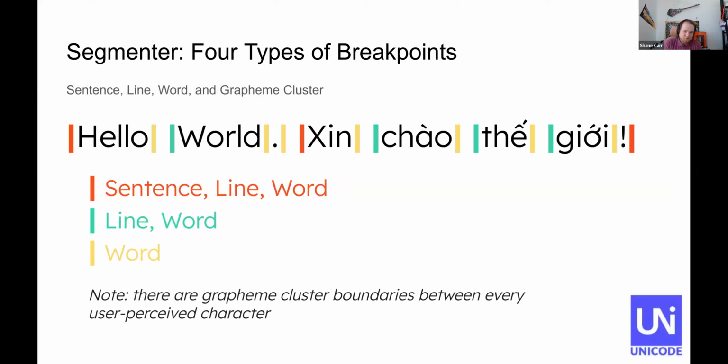This is a good illustration of how those different types of breakpoints can occur. Each of these types has different use cases, some of which are pretty self-explanatory. Grapheme cluster boundaries are between every user perceived character, including characters that have diacritics. Those are all considered one grapheme cluster.